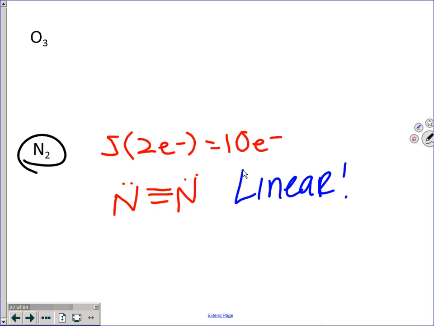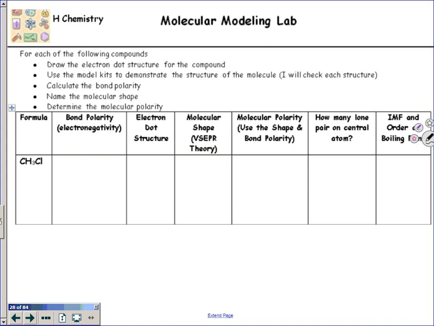Alright, I've got one more for you. Back to me. CH3Cl. And I'm going to have you guys draw this, because this is pretty much what we are finishing the rest of the top with.